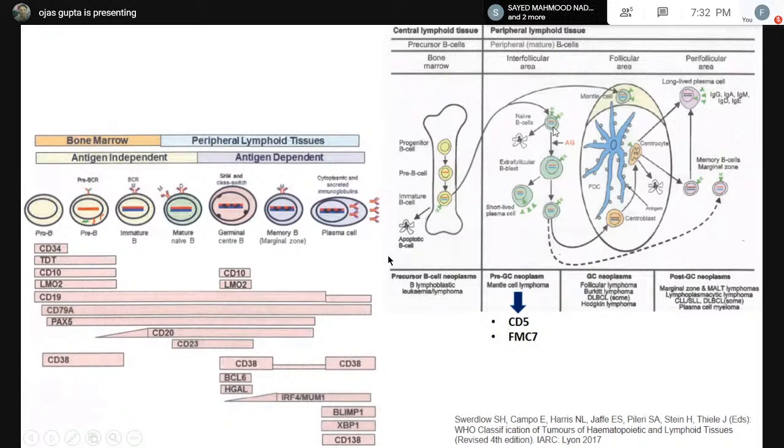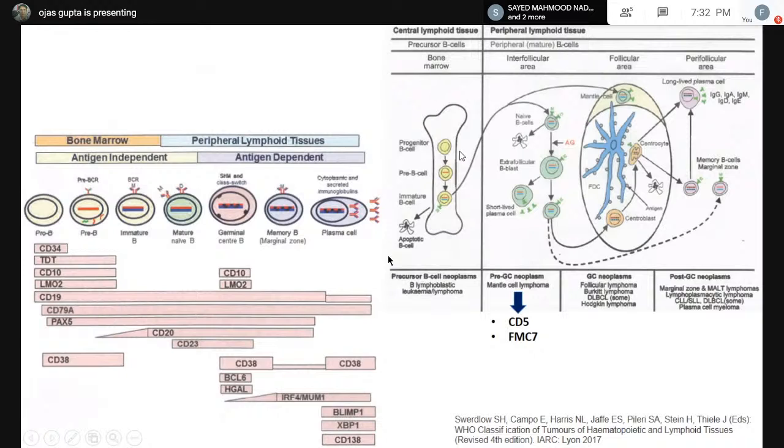These naive B cells, after antigen exposure, either develop into short-lived plasma cells or enter the germinal center and become centroblasts after somatic hypermutation and heavy chain class switch. These centroblasts transform into centrocytes, and later these centrocytes undergo either apoptosis, or form long-lived plasma cells which secrete immunoglobulins, or transform into memory B cells or marginal zone B cells.